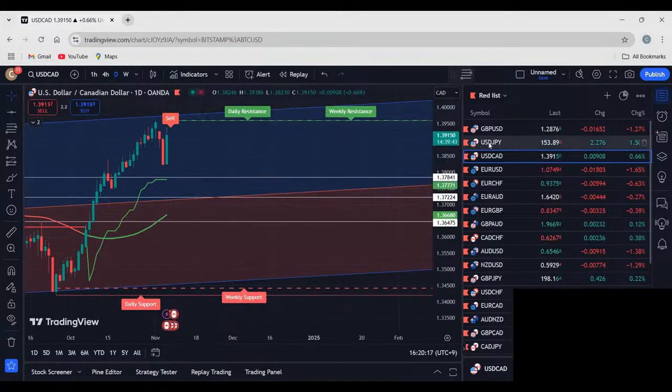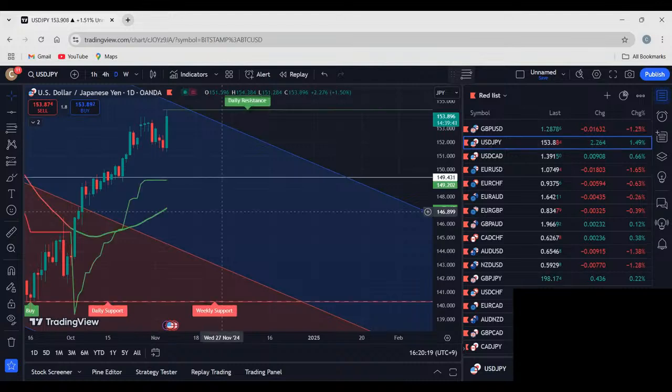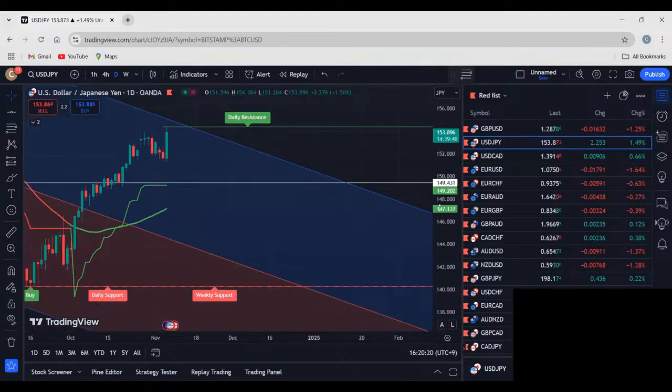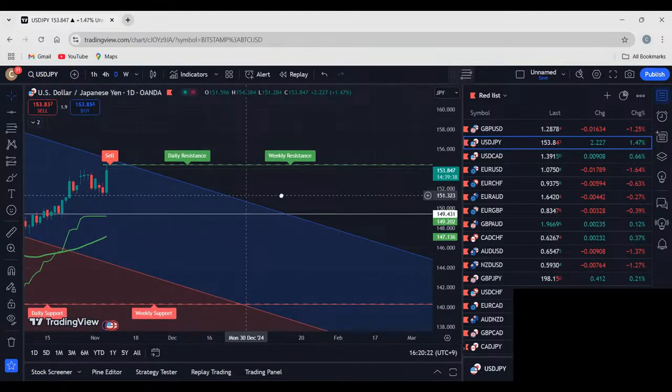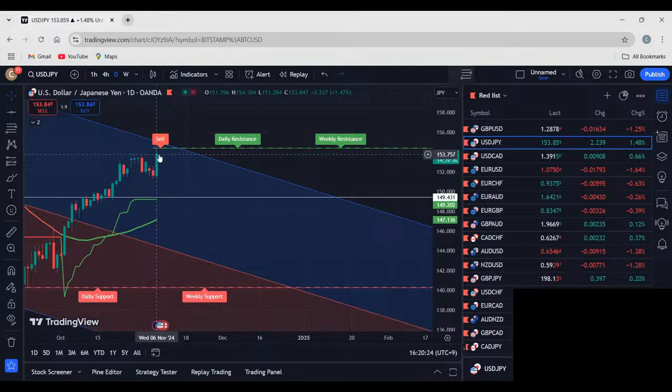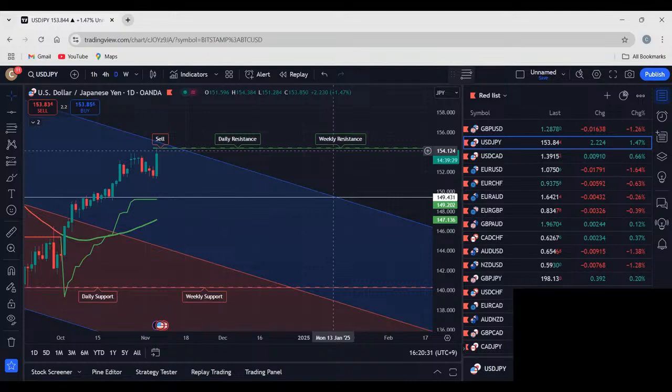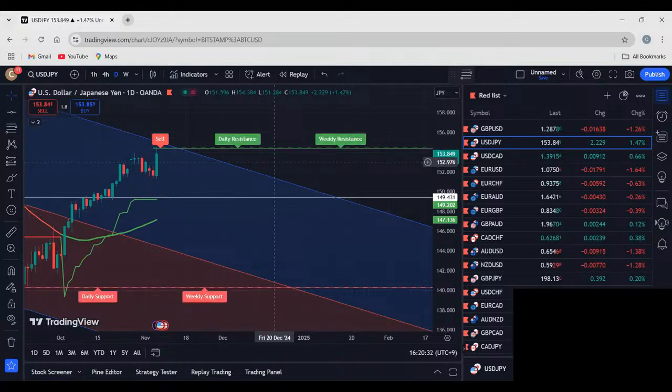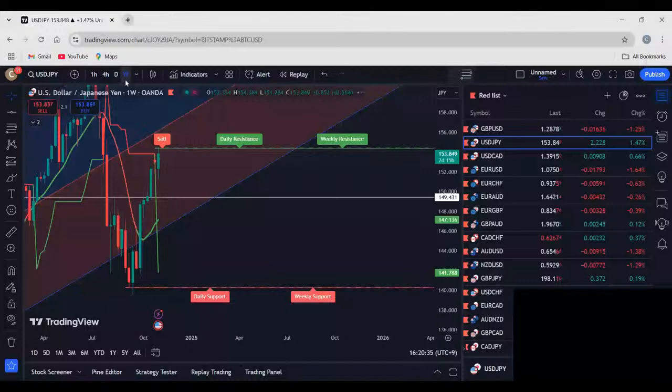So let's go to the USDJPY. Now, you see the USDJPY aligns at the same daily support and resistance. This is so awesome. I'm gonna be trading the USD CAD tomorrow still, because I love trading USD CAD and USDJPY.